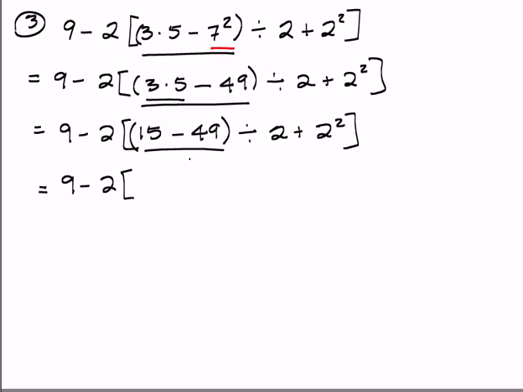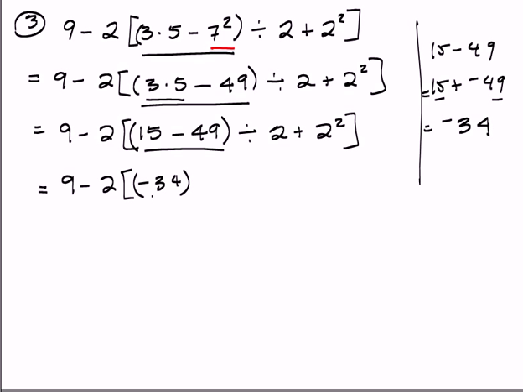I keep the brackets. 15 minus 49 is the same thing as 15 plus a negative 49. Adding numbers whose signs are different, we find the difference and we would get 34. And the sign of our answer goes with the sign of the bigger of the two numbers, ignoring signs, so we get a negative 34 divided by 2 plus 2 squared.